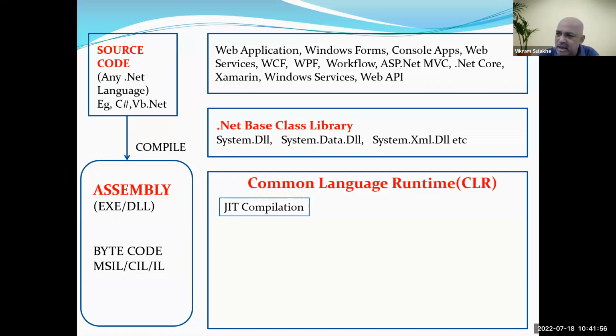So the process of converting this IL code into native code is carried out by the JIT compiler. The process is called JIT compilation, but it's being done by the JIT compiler. The JIT compiler is also called a jitter, J-I-T-T-E-R. Jitter is short for JIT compiler.